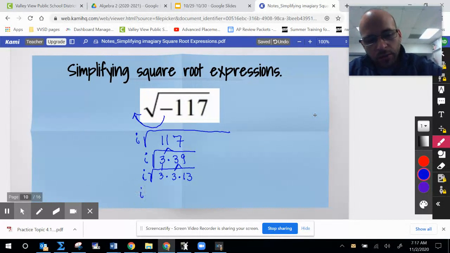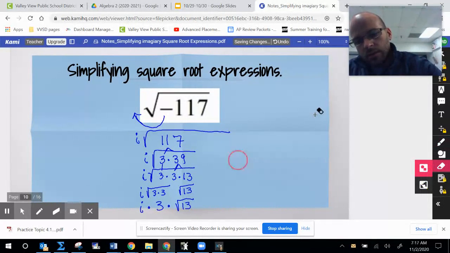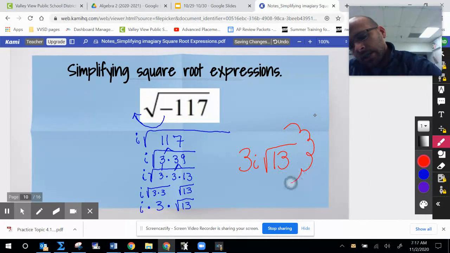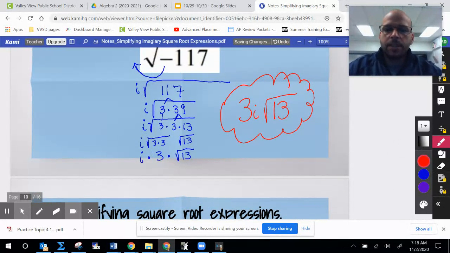So I'm going to start to write this as 3 times 3 and square root of 13, which gives me an i times 3 times square root of 13. And I would write my final answer here as 3i square root 13. Okay, and that's my answer.